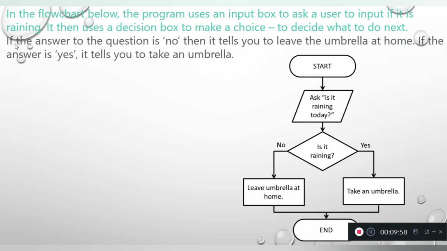This is one situation. If there will be no rain, then leave the umbrella at home. In both cases, the umbrella is the main thing. Now this flowchart ends at the last with an oval box.